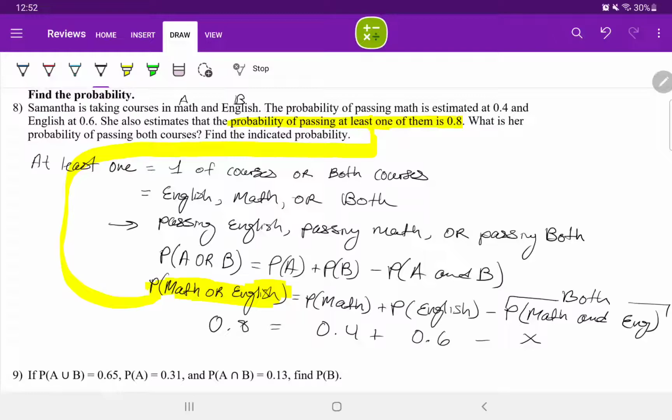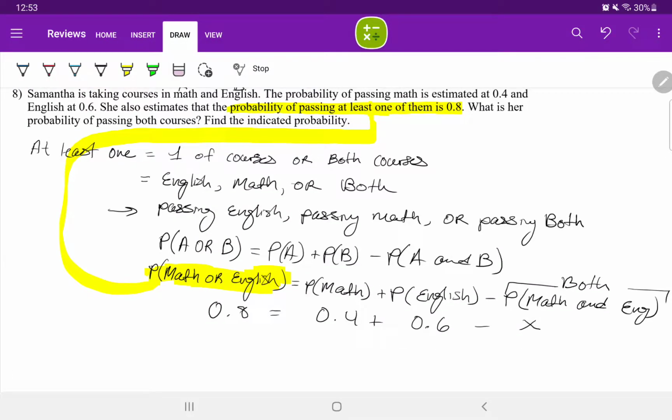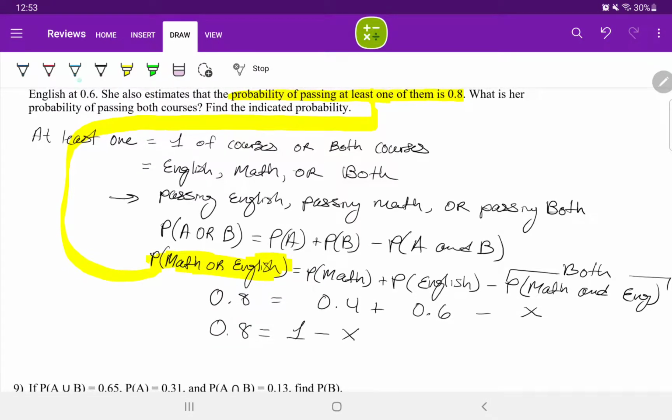Let's make some more room down here first. Okay. So that 0.8 equals 0.4 plus 0.6 is 1. So 1 minus X. Subtract both sides by 1. We want to get X by itself. That's going to be negative 0.2 equals negative X. Remember, the X is still negative.